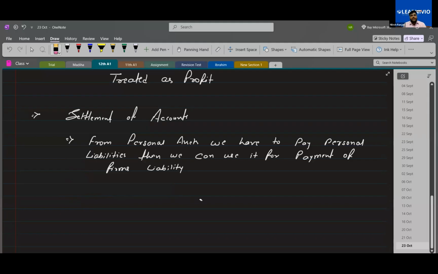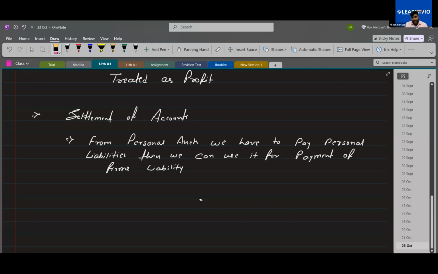It means that in a case where the firm's assets are not sufficient for payment of the firm's liability, in that case partners have to bring cash from their personal assets, personal property. If he is bringing cash from personal property, then we have to see whether any personal liability of the partner is left.